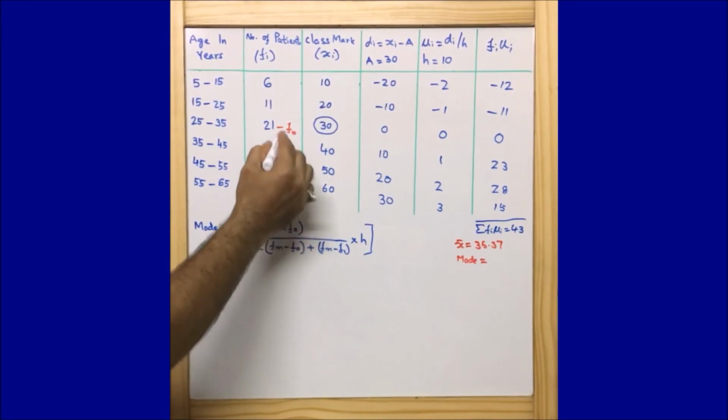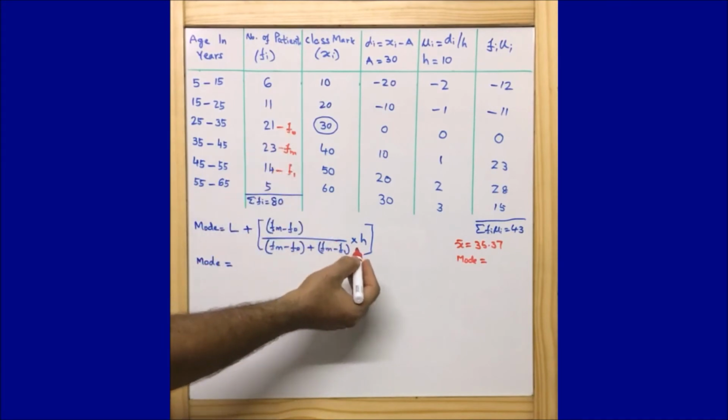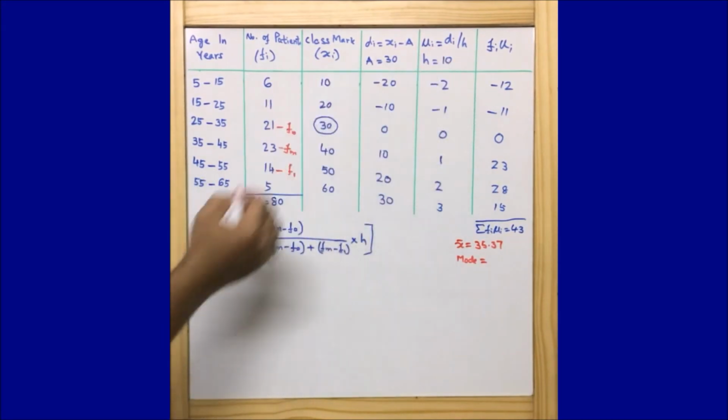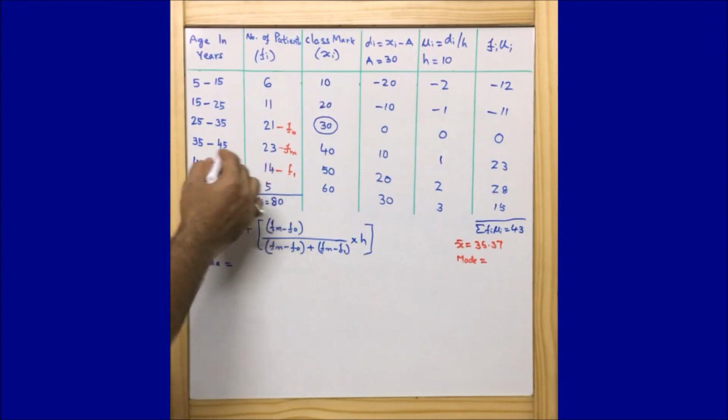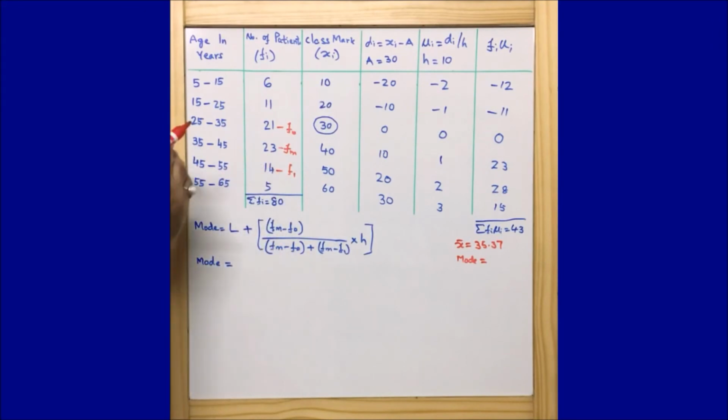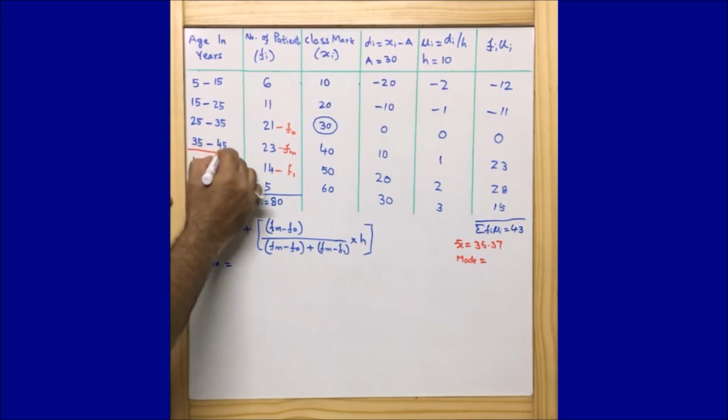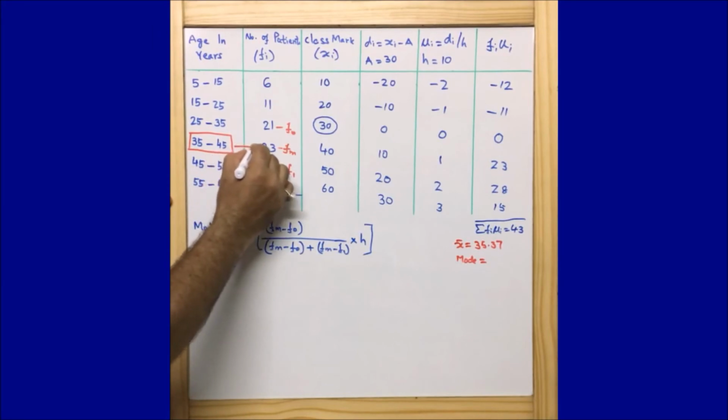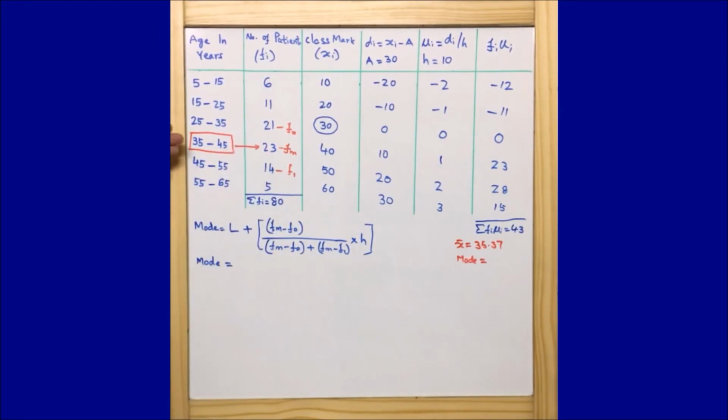We have F0, Fm, F1, and h is the class height, we already know it is 10, and L is the lower limit of the modal class interval. This is the class interval for 23, and the lower limit is 35. So now let us put this data in our formula and find the mode.